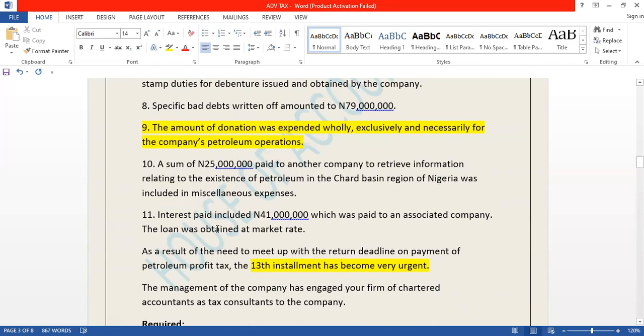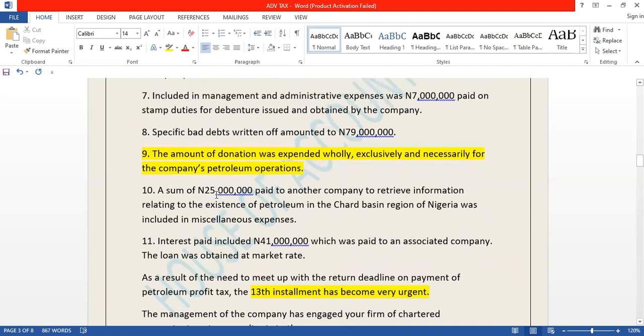I'm not seeing non-productive rent here. They said interest paid included 41 million, which was paid to an associated company. So this one does not go with it. Then 25 million is talking about miscellaneous.